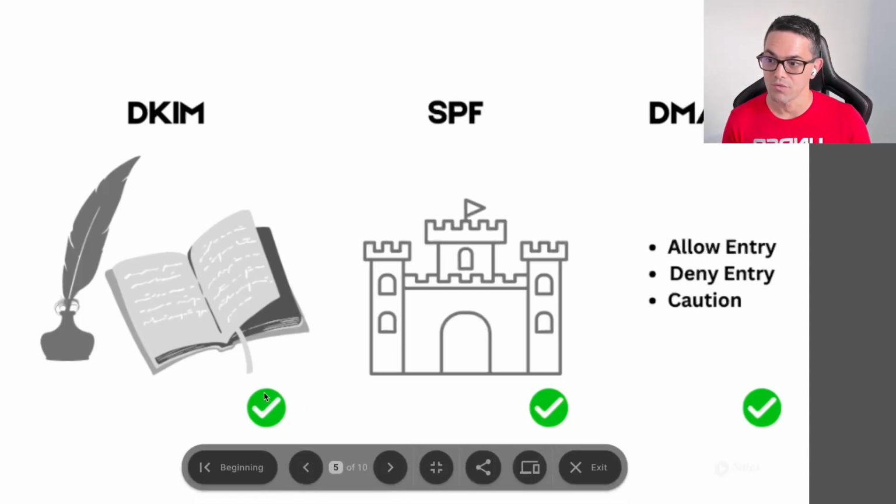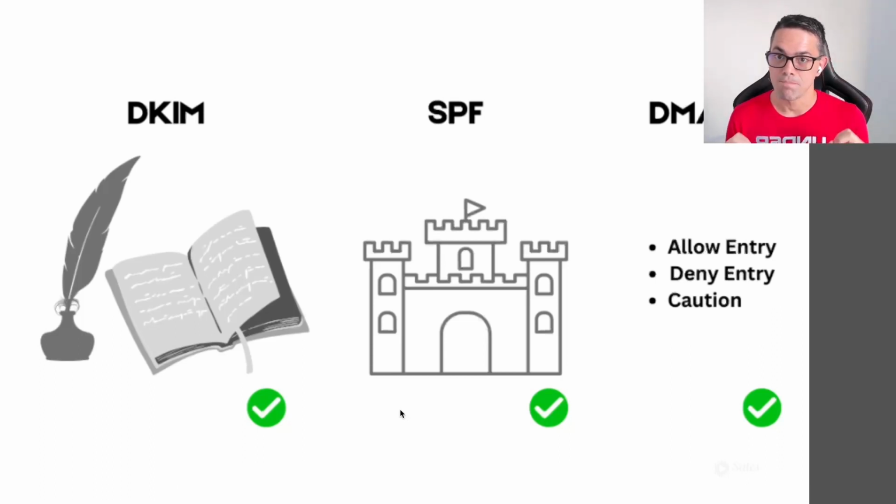We've got a green tick mark there. Then when it comes to SPF, we are sending the right messenger, and this messenger has their name in the trusted messenger list. In other words, the castle knows that this messenger is allowed to get inside the castle.